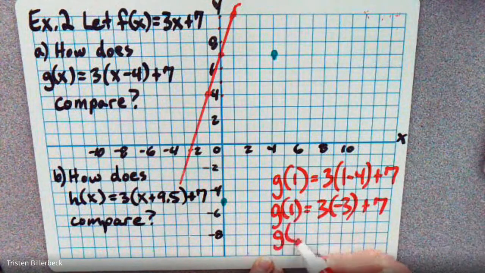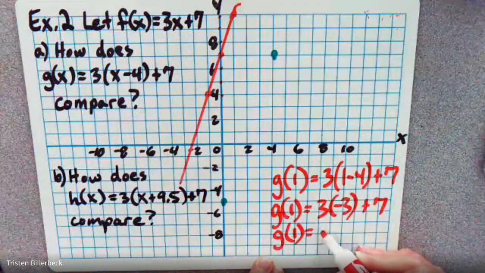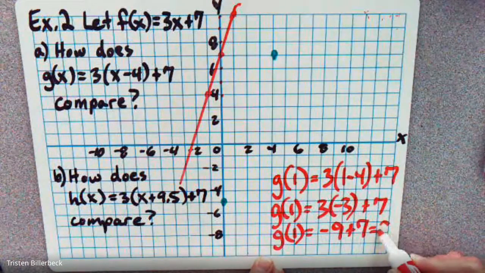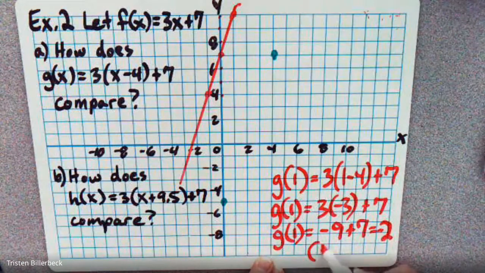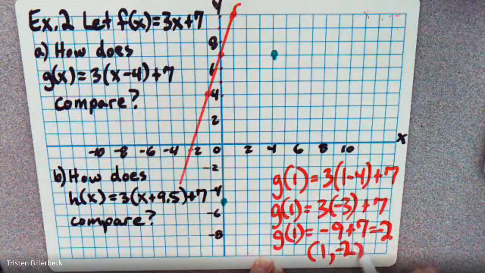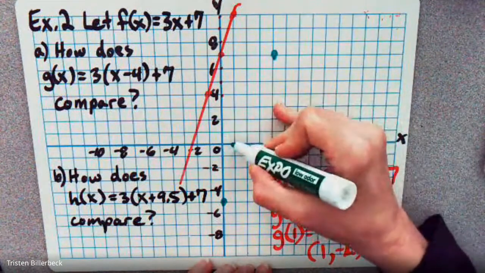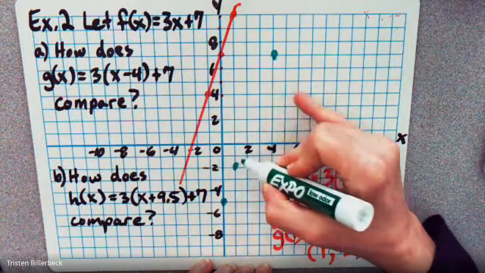So we have g of 1 equals -9 plus 7, which is -2. So we have 1, -2. All right, so at 1, we are at -2.